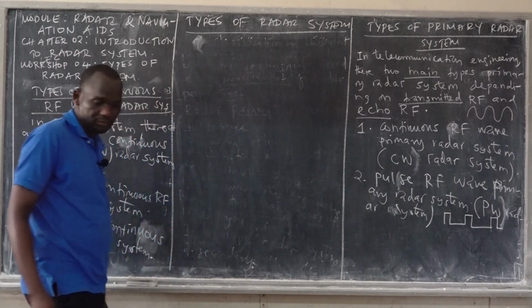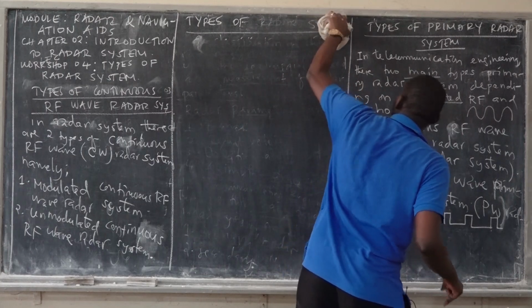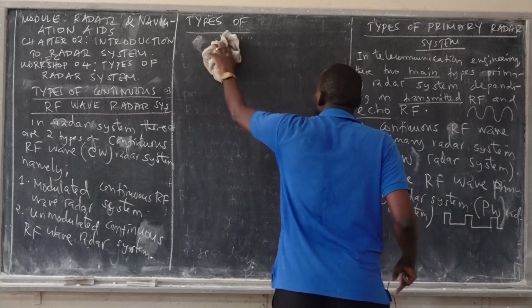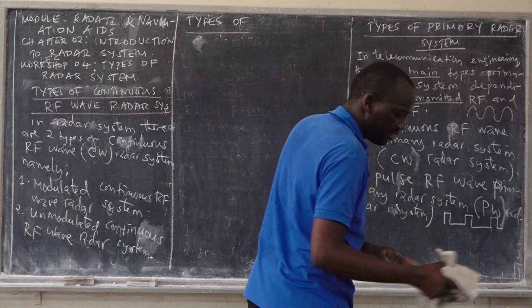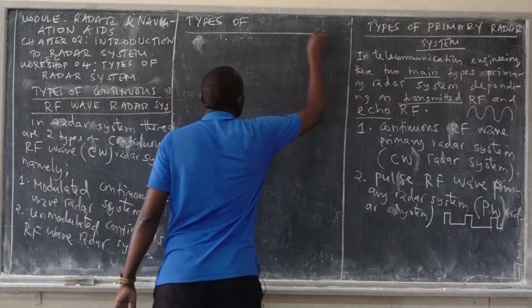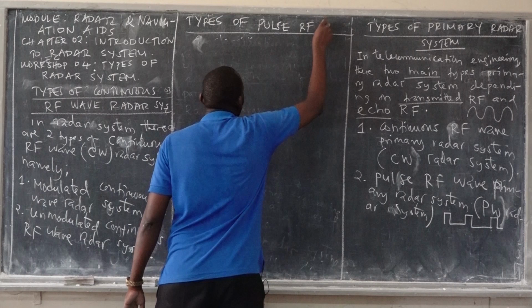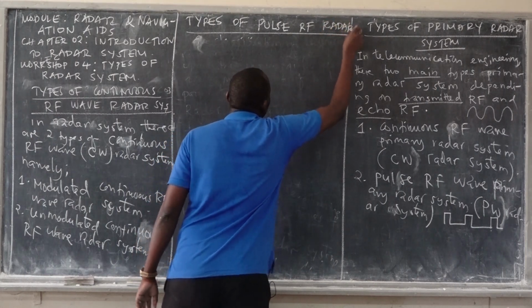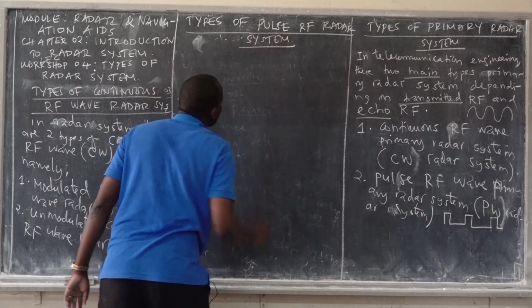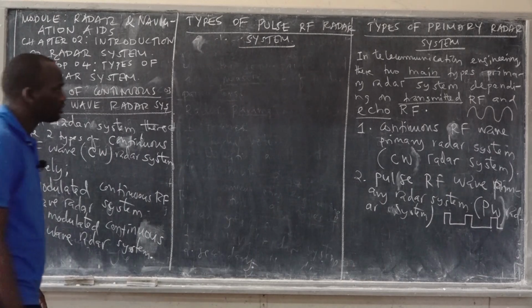So types of what? Also we can categorize the pulse radio frequency radar system into two. So types of pulse radio frequency radar system.